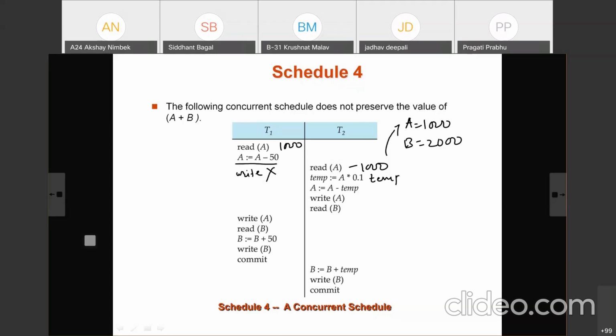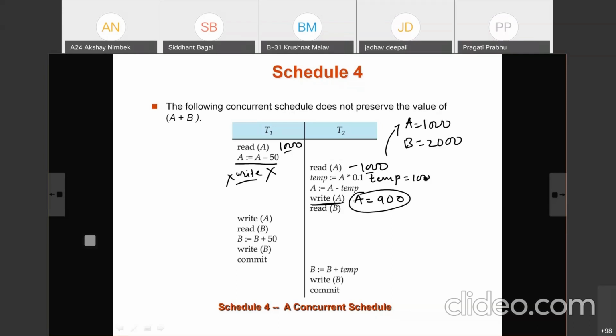Now it computes temp. Temp is equal to 100. Then subtract it from A and perform the write operation. So A is equal to 900 here. Once again, T1 reads the value of A, 1000. Then T2 reads the value of A, also the same, because T1 has not performed the write operation, and that's why it reads the original value of A, 1000. Calculate temp, then subtract.